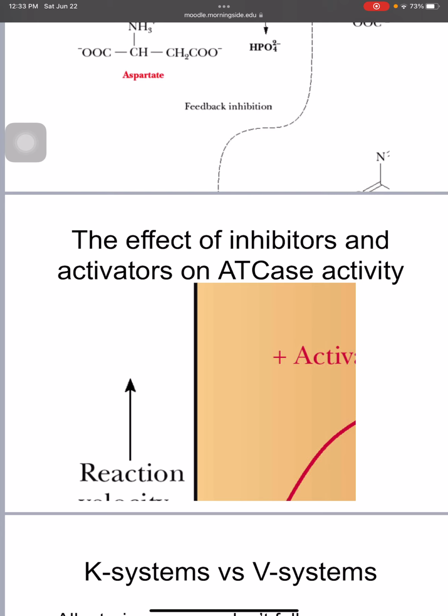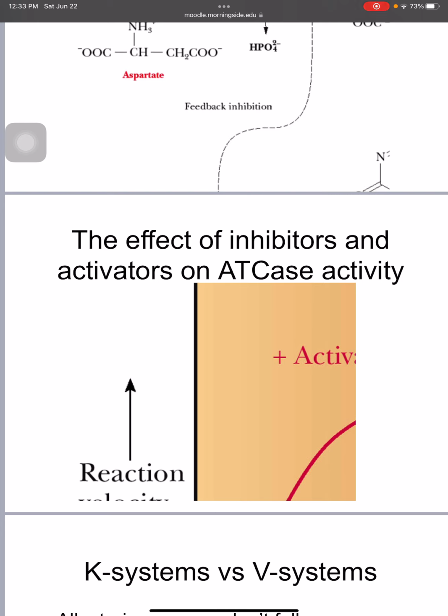If you look at the red curve, the red curve is what happens to ATCase whenever there are large amounts of ATP present. ATP is an activator for ATCase, right? It increases its activity. And you'll notice, look at the shape of the curve. It's almost hyperbolic.